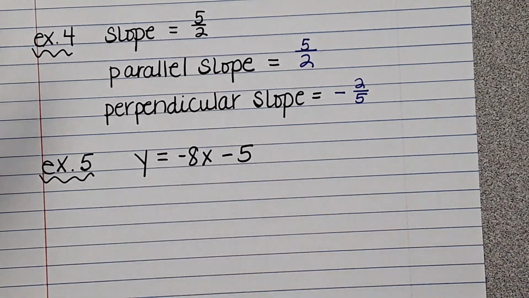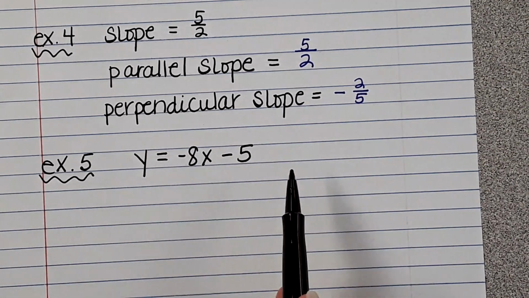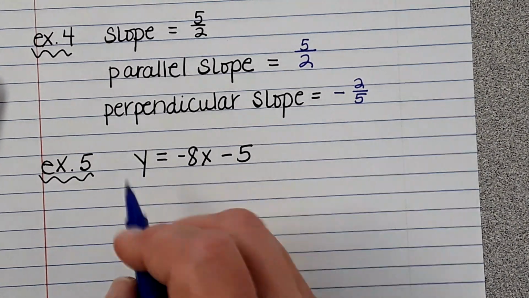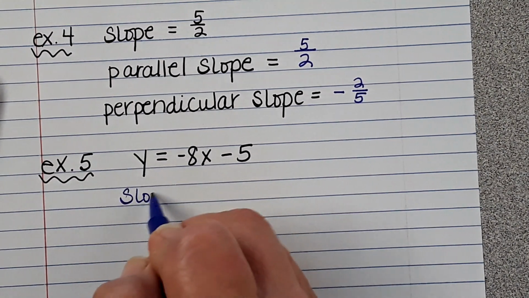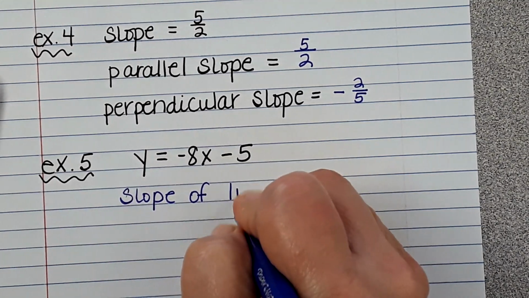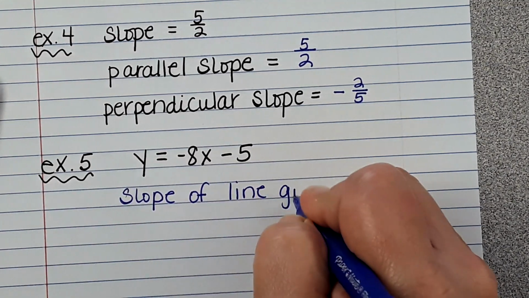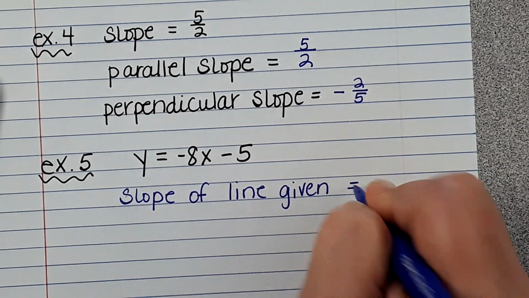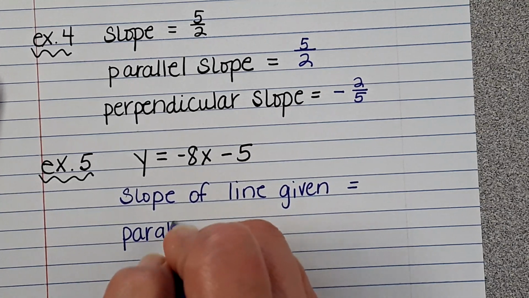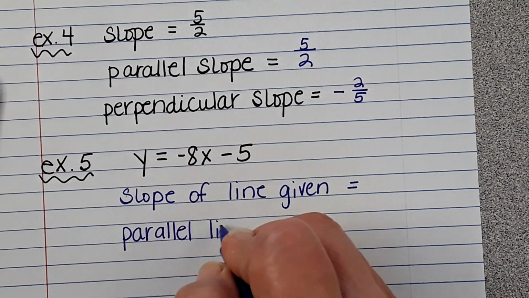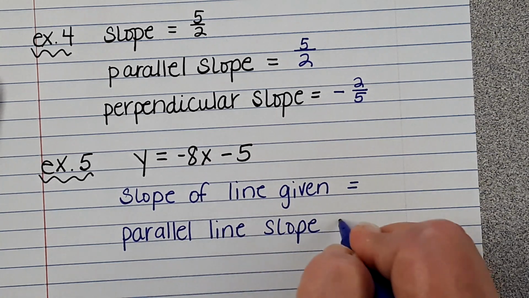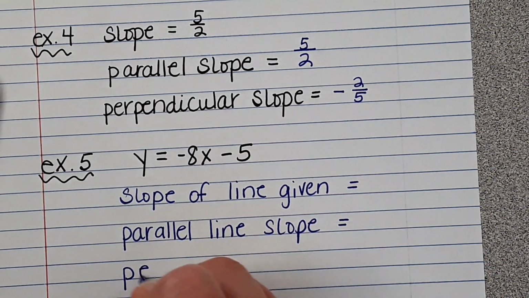It is in slope-intercept form, okay? So they're going to give you a line. And the first thing that you need to know is, what is the slope of the line given? Then I want to know the parallel line slope. Now you're not going to find all of these in one. Like, I'm not going to ask you for all of these. I'm just asking you right now because I just want to practice.